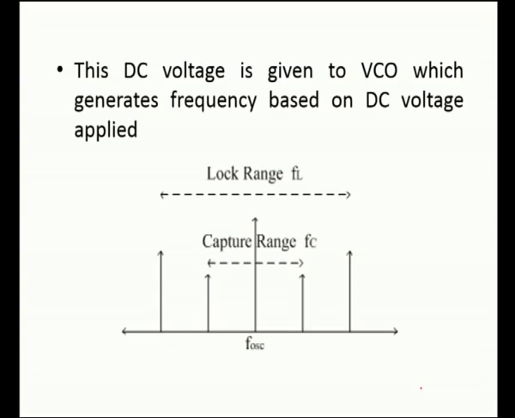Even if there is a small delta change, it can still capture it, in the sense that the VCO is able to adjust its frequency and produce a sinusoidal signal which is the same as the input signal. So, the PLL circuit will try to track the FM modulated signal if it is within the lock range, and exactly capture it if it is within the capture range.